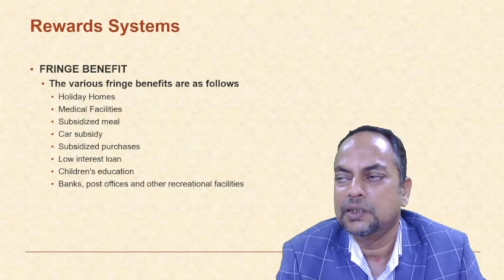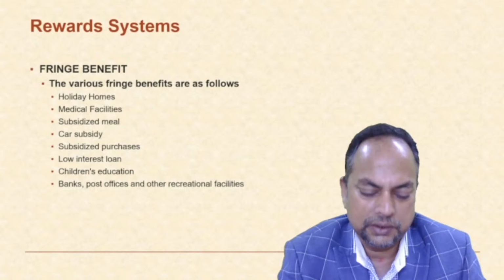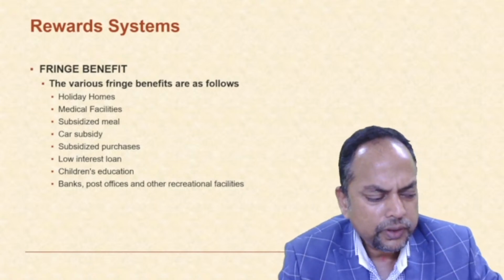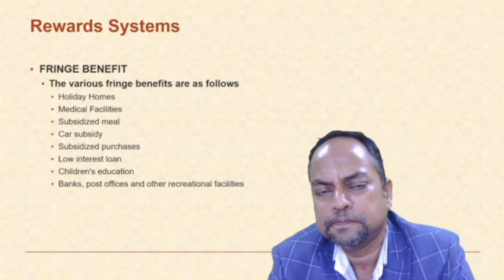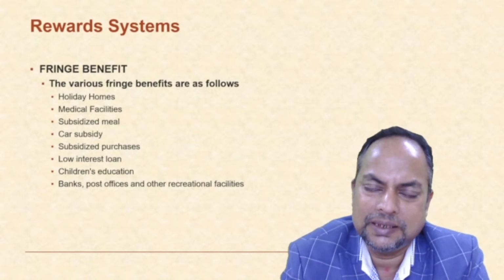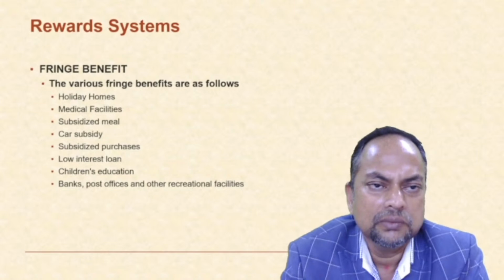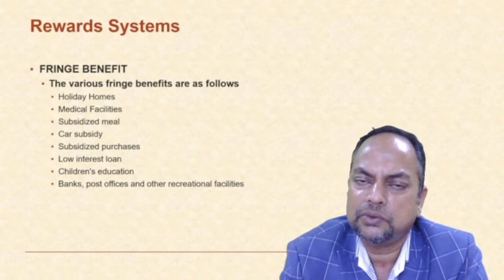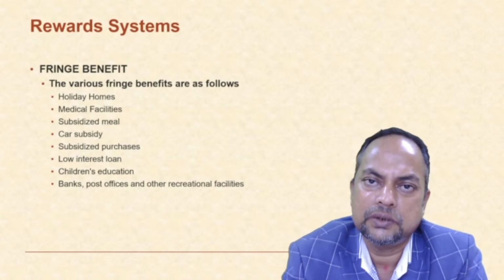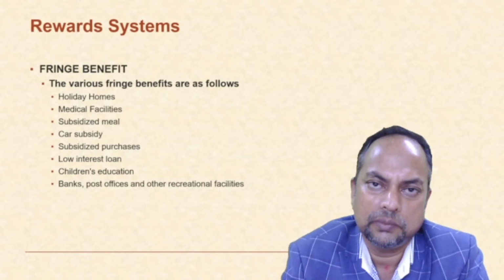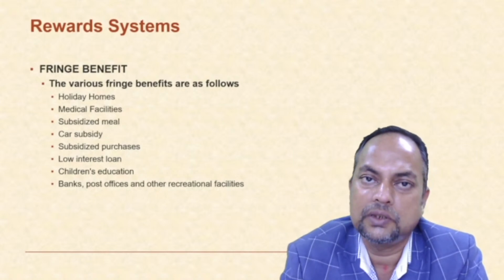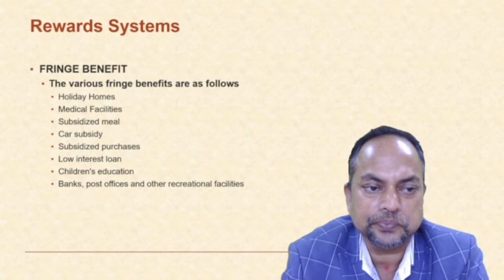Maybe you'll see that different organizations have different sorts of canteens, maybe an executive canteen and a non-executive canteen. But mostly organizations have only one canteen where equal food is served for all the employees, and employees can avail that at a very subsidized price.